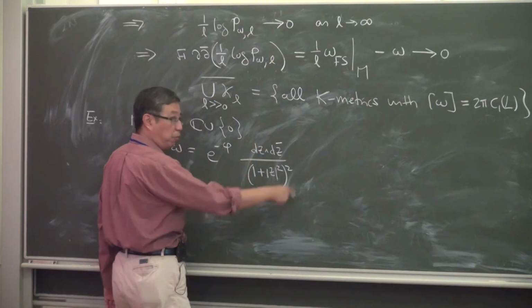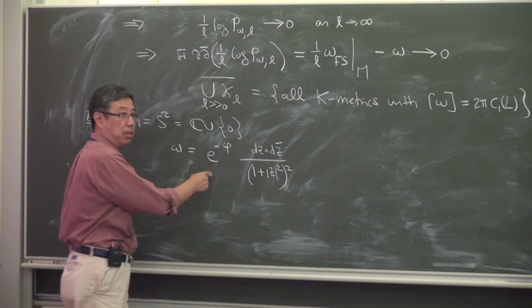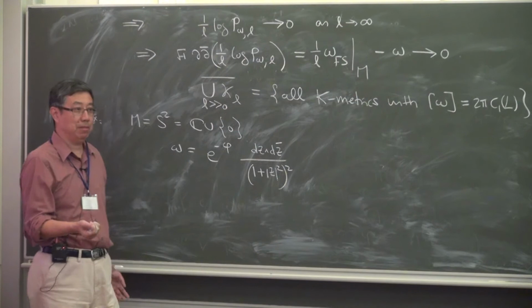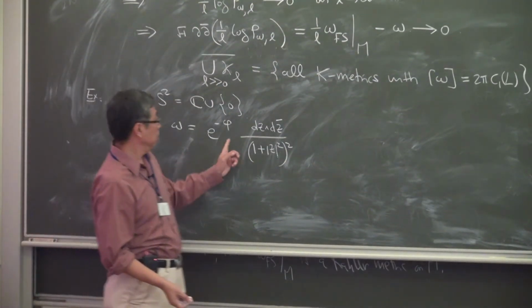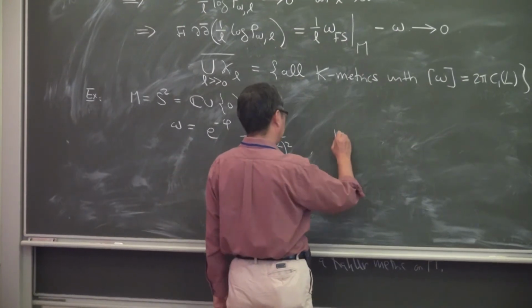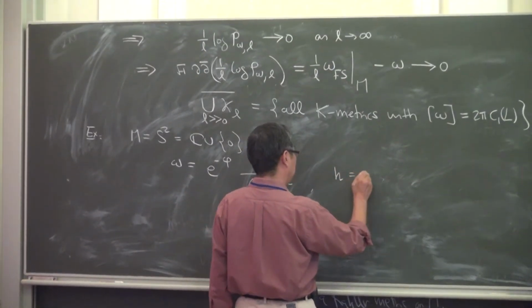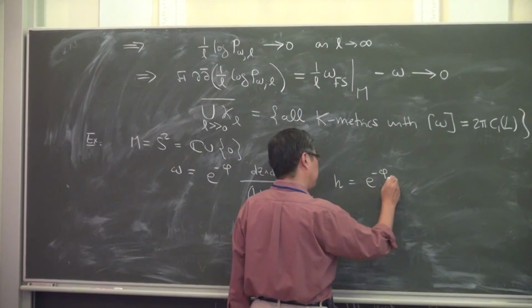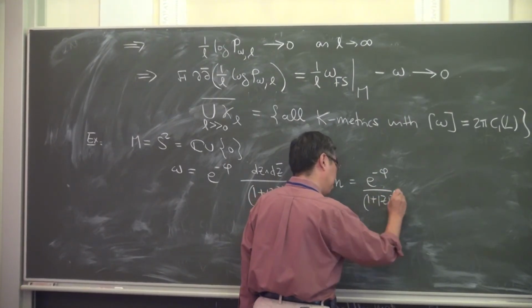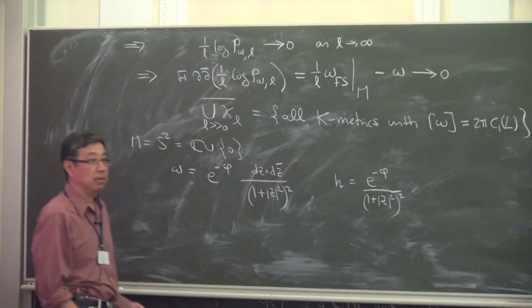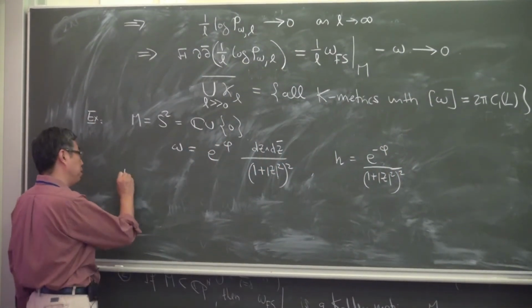So this part is just the Fubini-Study metric, and any other metric is of this form because it's 2 dimensional. No other variations. Okay. So the Hermitian metric is given by e minus phi of square.